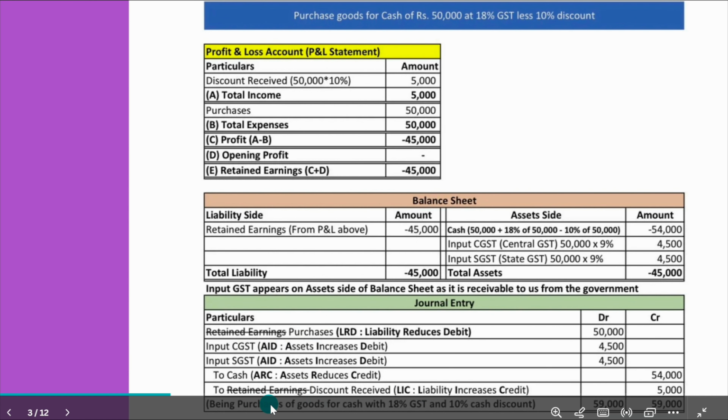However, whenever retained earning is affected, you do not directly write the word retained earning, rather you write the transaction which is resulting in this retained earning increase, that is discount received to the extent of 5,000. So being purchases of goods for cash with 18% GST and 10% discount. So the total of the debit side is 59,000 and the credit side is also 59,000, and thus we have passed the necessary journal entry.